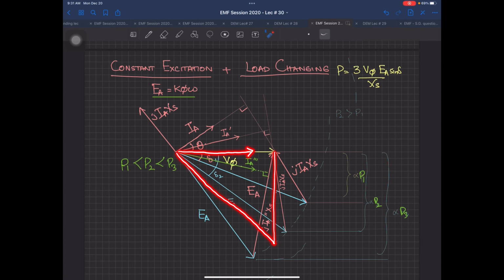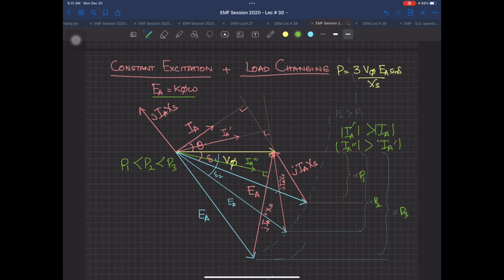And one thing very important, this IA and IA dash, so this means magnitude wise, IA dash is certainly larger than your IA magnitude, and then your IA double dash magnitude is also larger than your IA dash. So this will continue to go on.